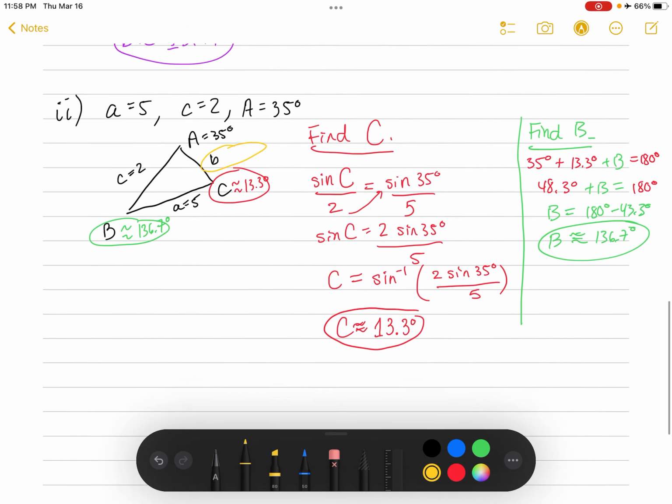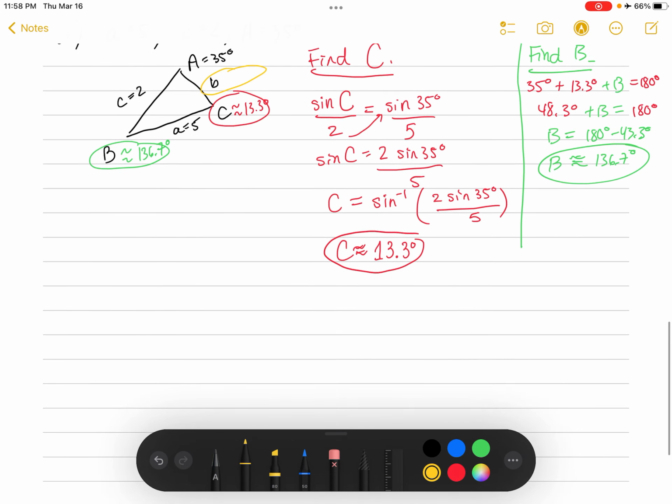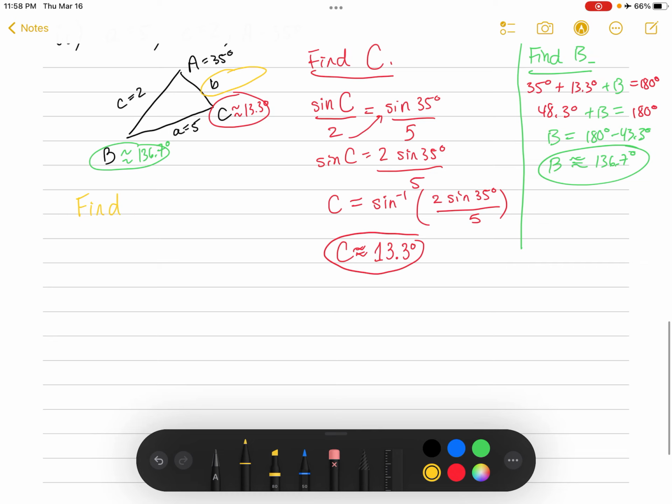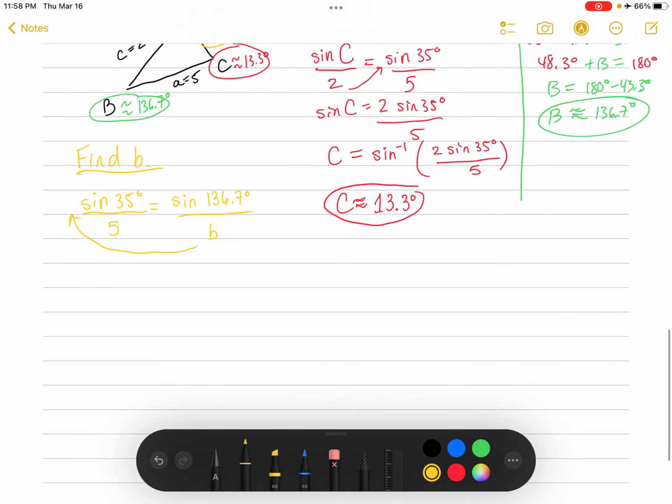To find little b, I'll use the law of sines again, where we have sine of A, 35 degrees, over little a, 5, equals sine of B, 136.7 degrees, over little b. And we can pull the little b up here on the left.